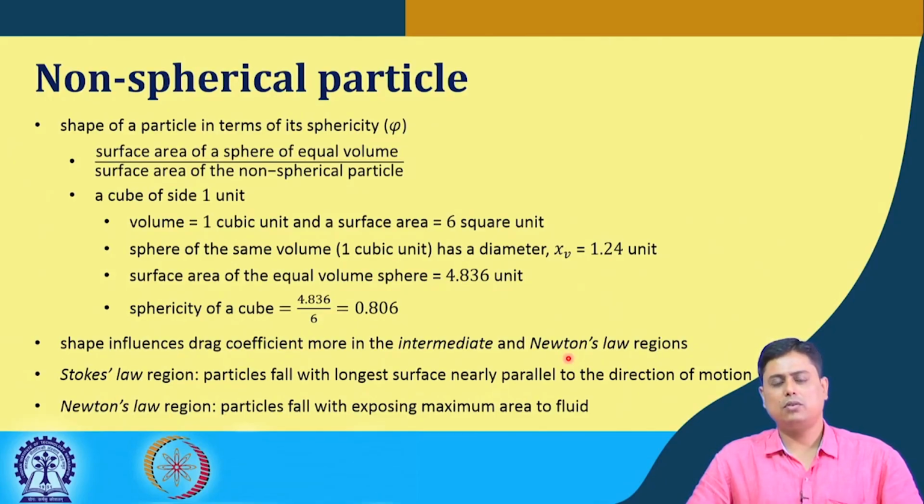In case of the Stokes law region, the particle will fall with its longest surface, that is side 1, parallel to the direction of the flow. But in Newton's law region, surface 1 will possibly be exposed to the motion of the flow. So, you can now understand in which cases the drag will be higher.